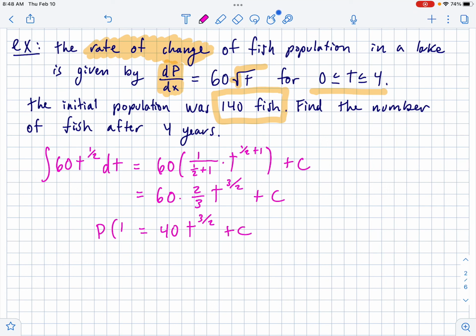So this is p of t, population of the fish after time t in years.